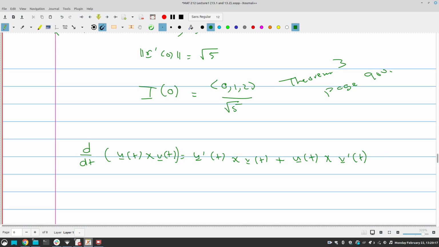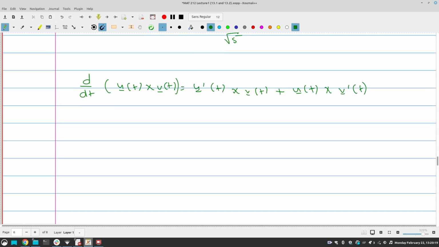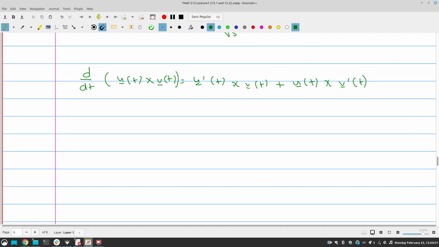Well, what we can do is break each of u and v down into its component functions. Since it's a cross product, we can assume that u and v are three-dimensional vectors.